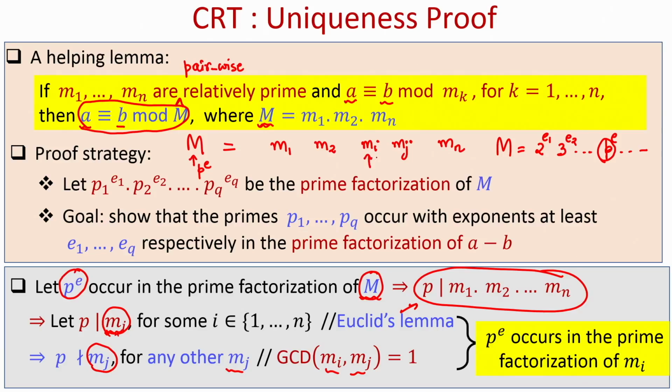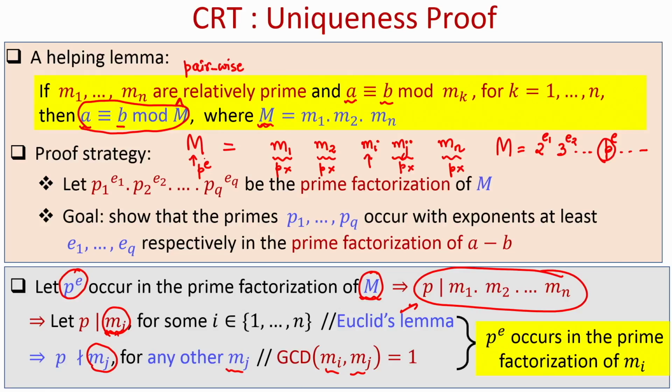in the prime power factorization of mi, because if p divides mi, then p will not be appearing in the prime power factorization of m1, p will not be appearing in the prime power factorization of m2, p will not be appearing in the prime power factorization of mj, p will not be appearing in the prime power factorization of mn, and so on.